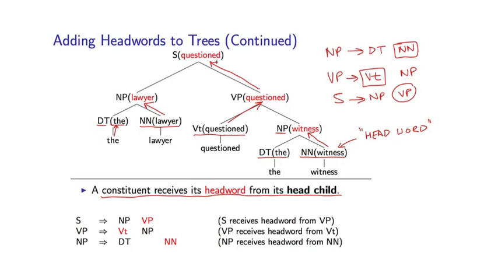So it's really very simple. We propagate lexical items bottom up through these trees using these head annotations, where each non-terminal receives its head word from its head child. And the final result is we've transformed our trees in a way that each non-terminal now includes lexical information taken from the subtree below it.